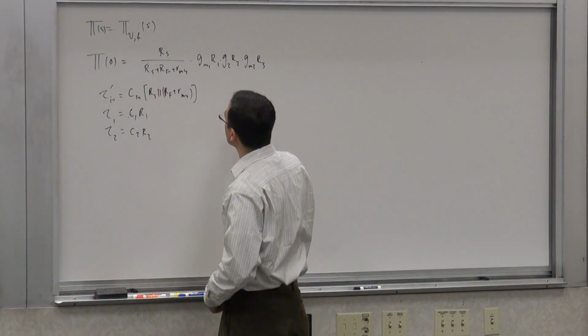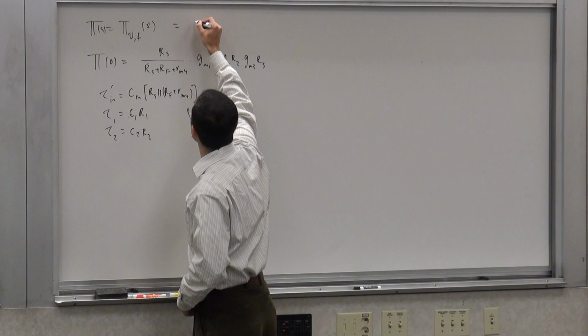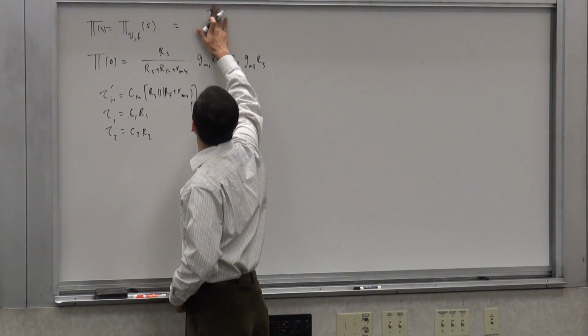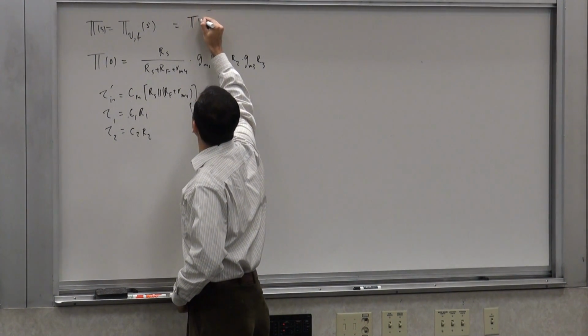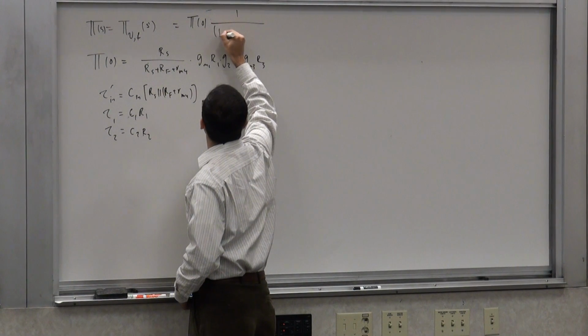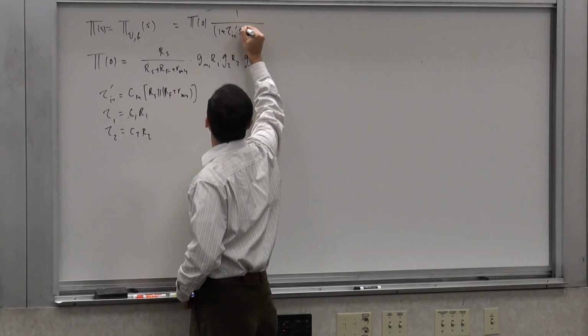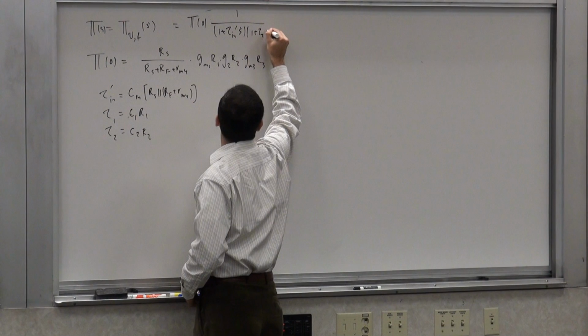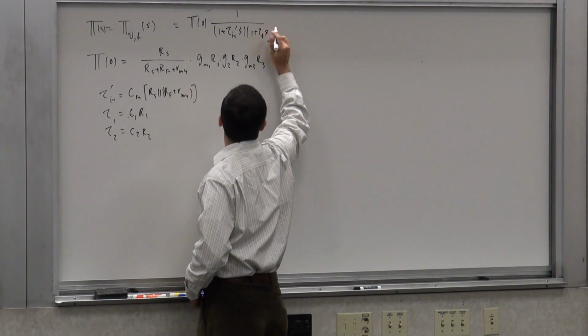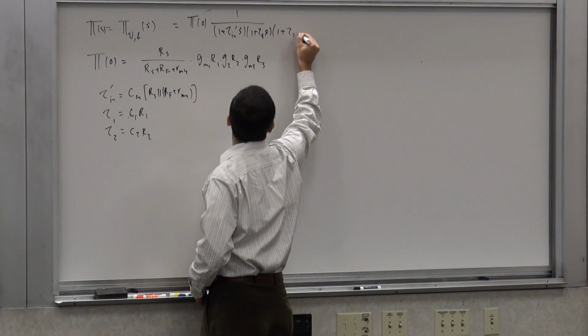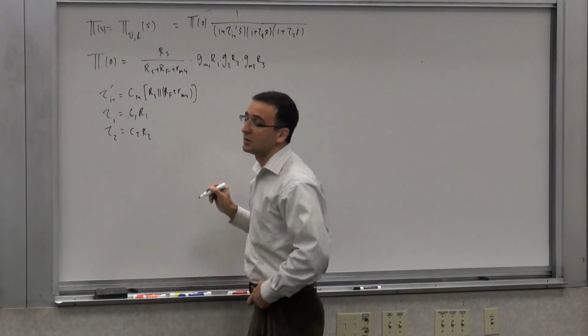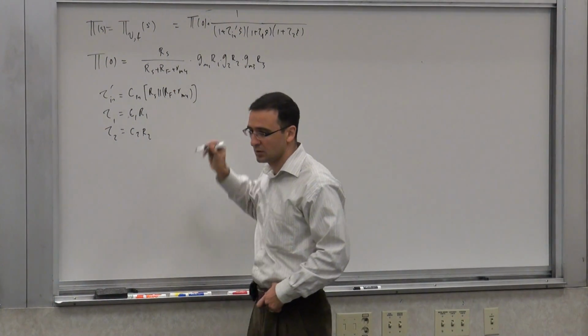So there are three time constants, they're uncoupled, so my loop gain is basically T0 over (1 plus tau in prime s)(1 plus tau 1 s)(1 plus tau 2 s). So I know exactly what my loop gain is, right?